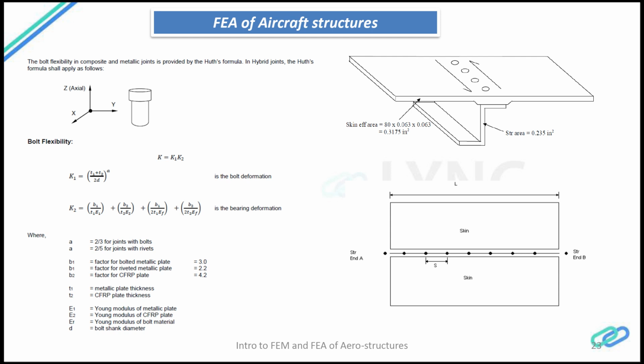For all these types of fastened connections, over here what you are seeing is riveted connections: an aircraft skin panel riveted to the spar, which is a Z section spar. These riveted joints will be modeled as a scalar element, which is the spring element.